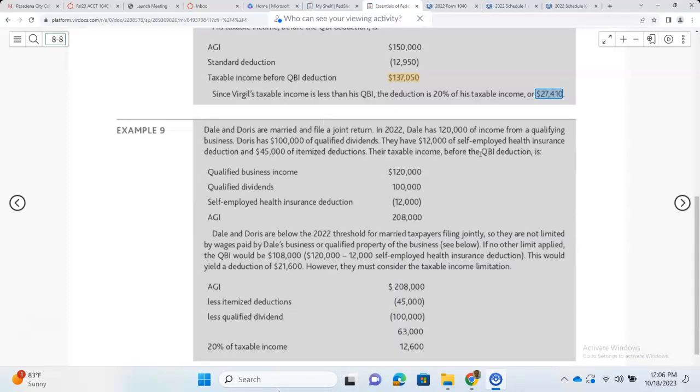Their taxable income before the QBI deduction is: qualified business income is 120, qualifying dividend is 100,000. So that's 220. Self-employment health insurance deduction from Schedule 1 is 12,000.